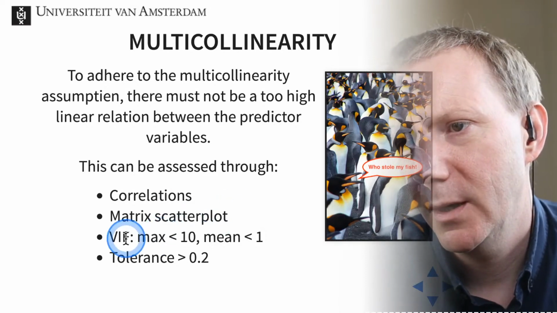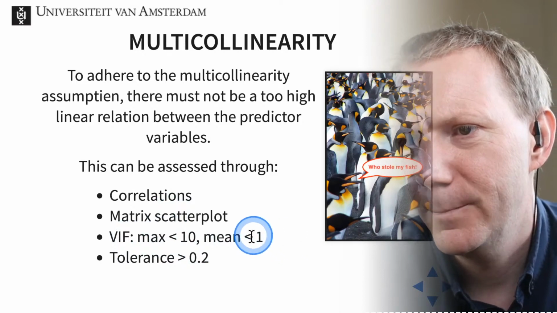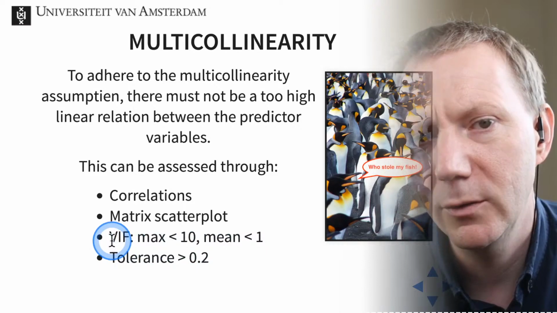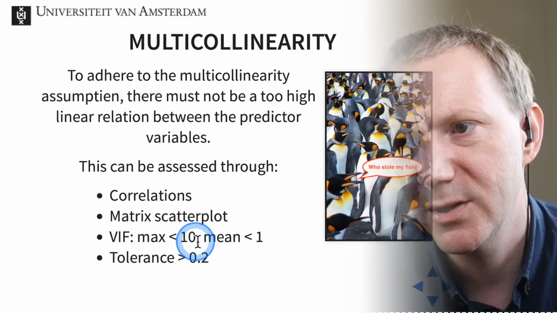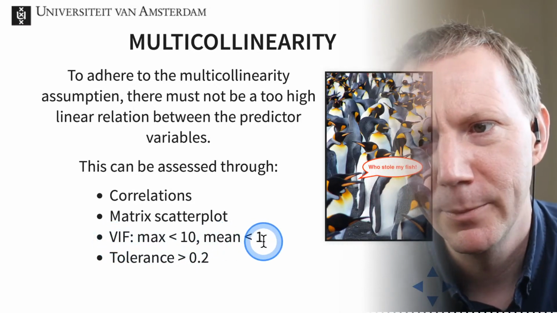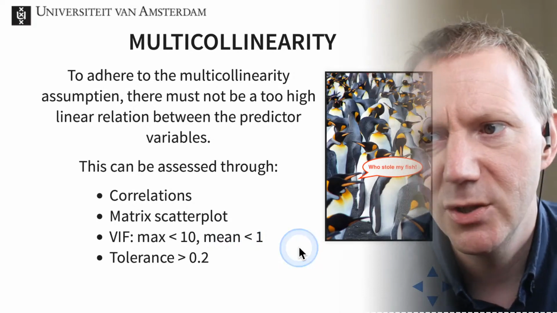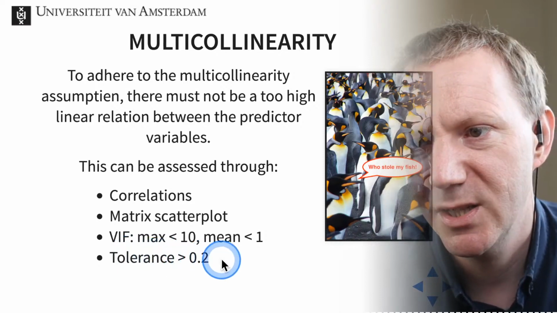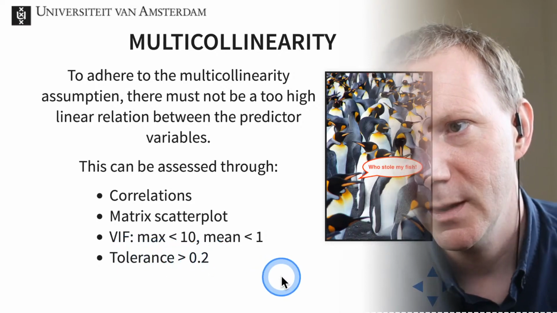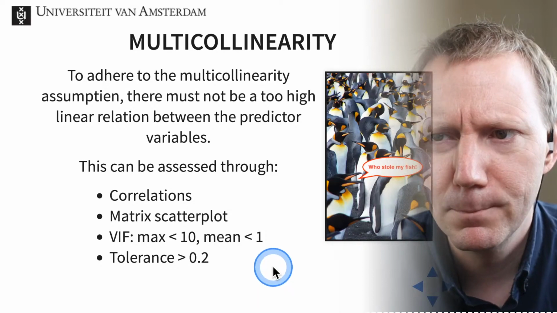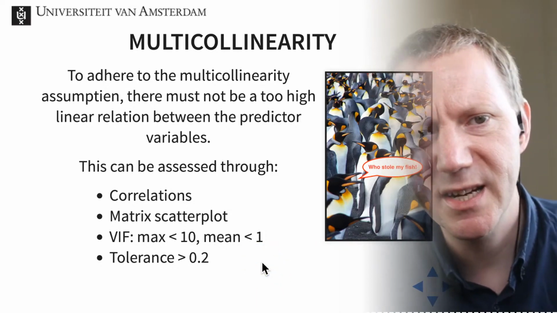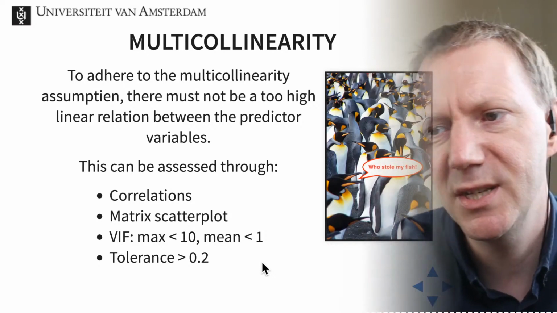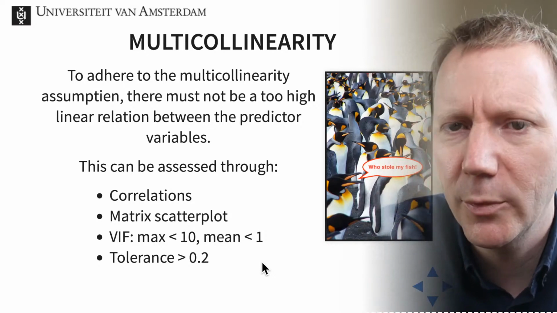So it maxes out at 10, and if the assumption holds, then your mean VIF value for all the predictors needs to be smaller than 1. So that's an indication to look at. And the other one is the tolerance, which is also provided by SPSS, and this should be higher than 0.2. So these are not significant tests. These are more like thresholds that you can look at to determine your conclusion.